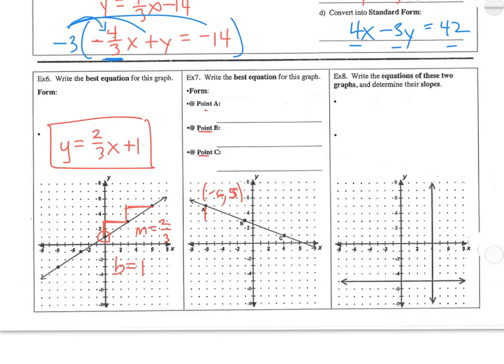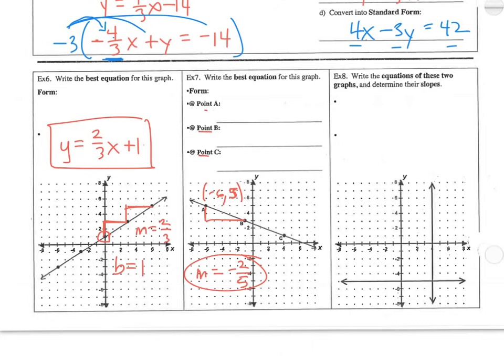It looks like it's going what? Down 2 and over 5. 1, 2, 3, 4, 5. So m is equal to -2/5. Now, if you remember, yesterday we talked about the idea that slope is always constant. So our slope is going to be the same in all 3 equations.